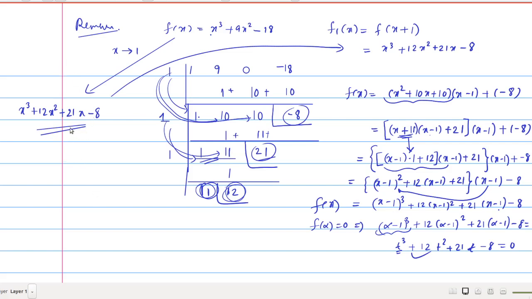Okay, so please go through it, and I have discussed a new method to find the new equation by replacing x by x plus 1 or x by x plus 2, x plus 3, and so on, or diminishing the value of root by 2, 3 respectively. Okay, thank you.